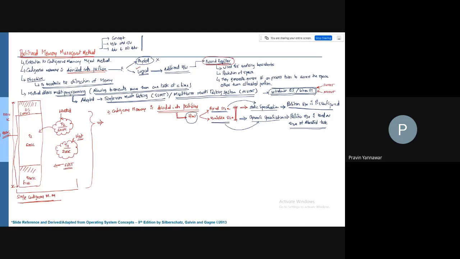Okay, so let us try to understand. As far as the important points are concerned, like hardware, we are going to have a bound register that is going to be fixed.